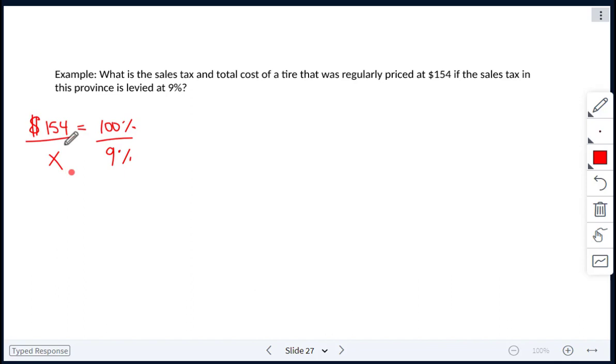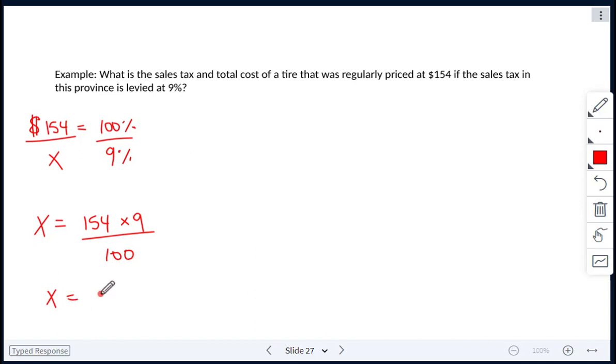So we're calculating what is that tax amount. All right, so that's the original. This is the sales tax. And now we're going to solve by cross multiplying. So 154 times 9 divided by 100.